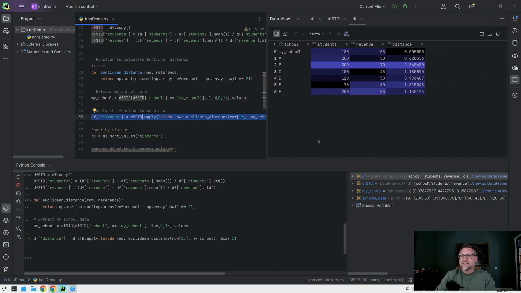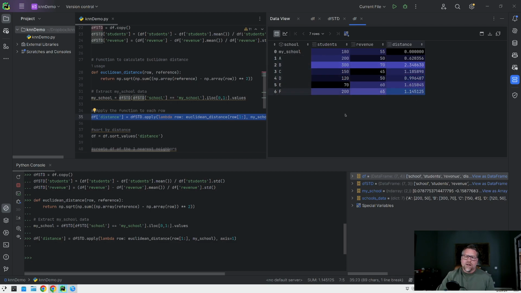This is Pandas running that, I believe, in the background. So here's what we get. As expected, we get a distance of 0 for my school. That should happen, right? The difference between my school and my school is 0. They're exactly the same. What this number is, though, is the distance between my school and school A, my school and school B and C, and so on.